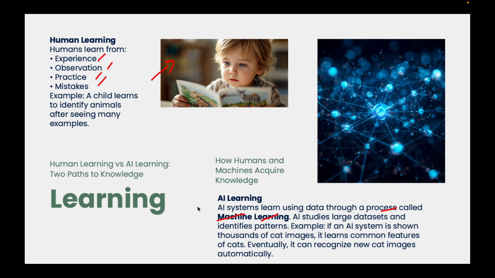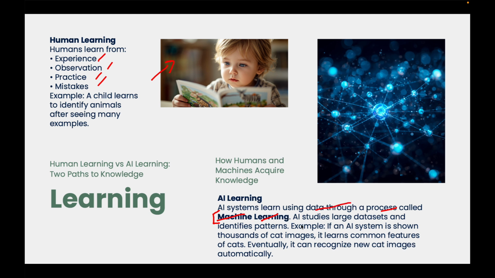Deep learning is a very special type of learning under machine learning where it uses neural networks which are actually inspired by the human brain. I'll create a separate video on machine learning. For now you need to understand that AI systems learn using data through a process, and that process is called machine learning.